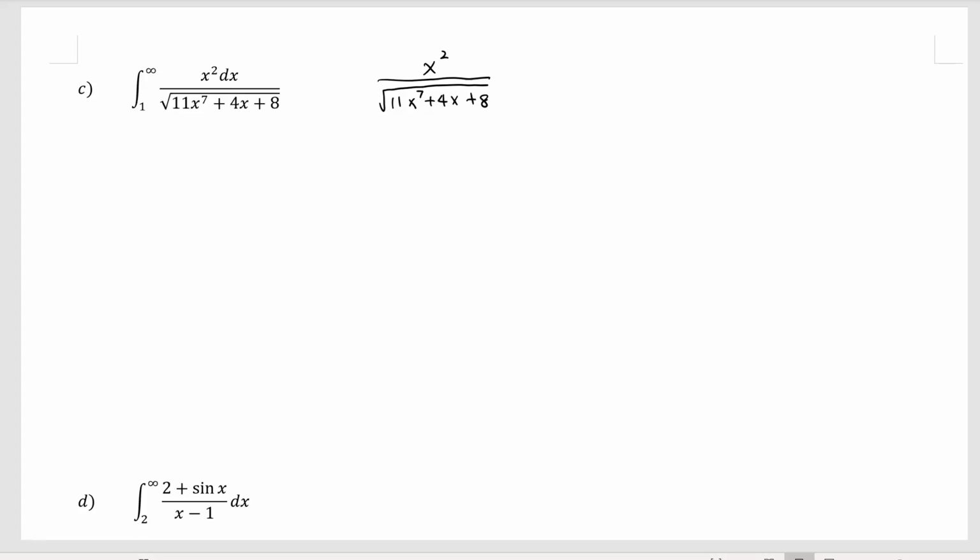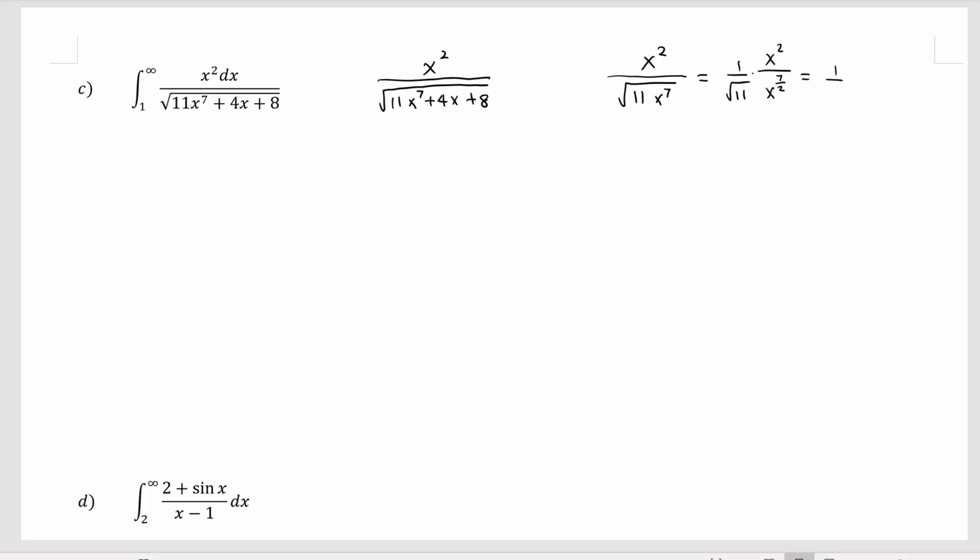What do we want to compare? The dominant terms. So consider the dominant terms of the numerator and the denominator. So let's see, this is the square root of 11 here, and then here we have x squared over x to the 7 over 2, right?